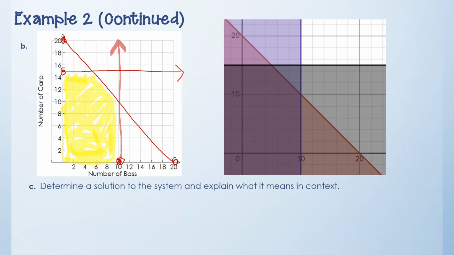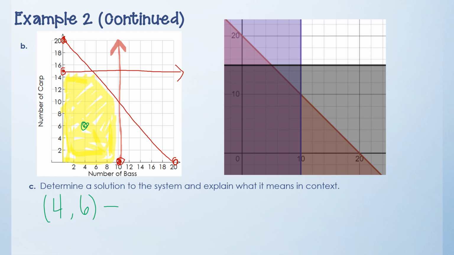So determine a solution to the system and explain what it means in context. Anything in the shading, but then with the context, talking about the bass and the carp and how many fish we're getting. So we could do 4, 6. That would be a solution. So 4, 6. And then what does that mean?